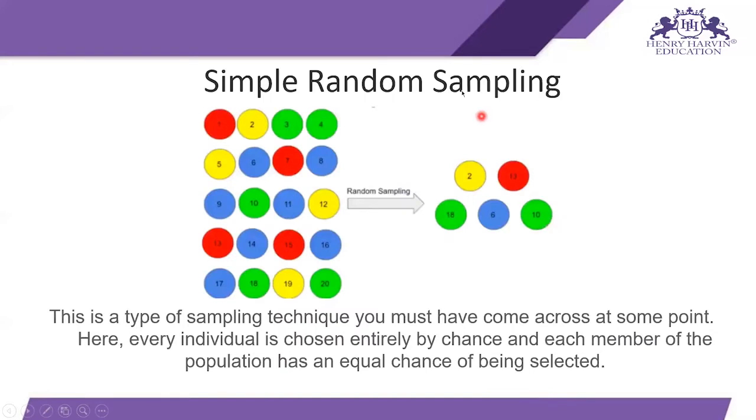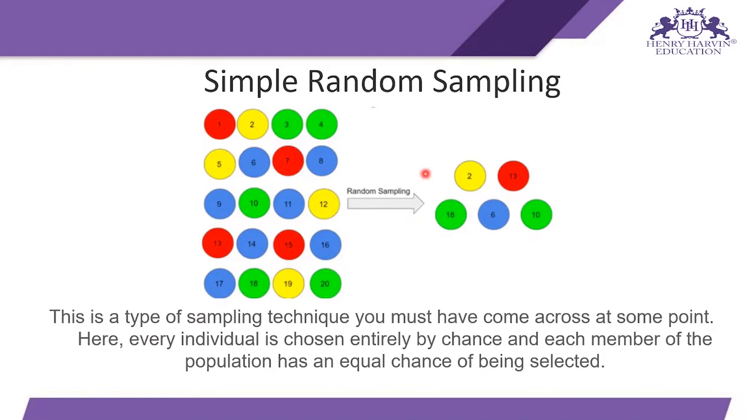The first sampling technique is simple random sampling. This is a type of sampling technique you must have come across at some point. Here, every individual is chosen entirely by chance, and each member of the population has an equal chance of being selected. Let's say you are in a class and you have to take out two student names for class monitor.